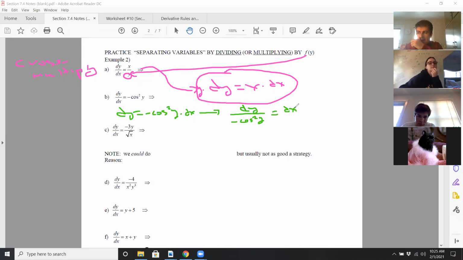And also, if you like, we could convert that to secant. Make it negative secant squared y dy. Probably be easier because I know the antiderivative of that's tangent. So that would be, I think, a good idea.